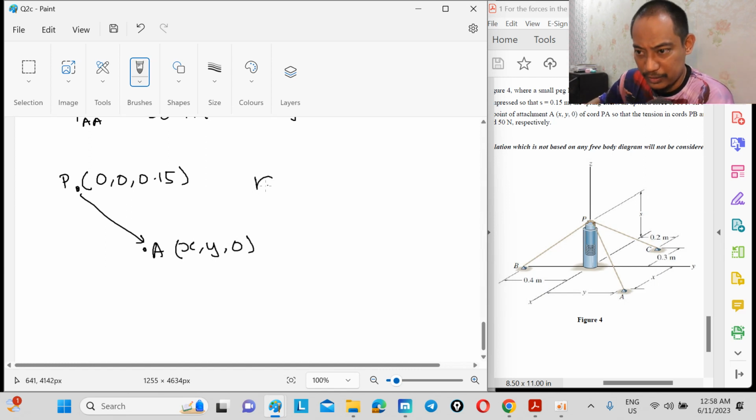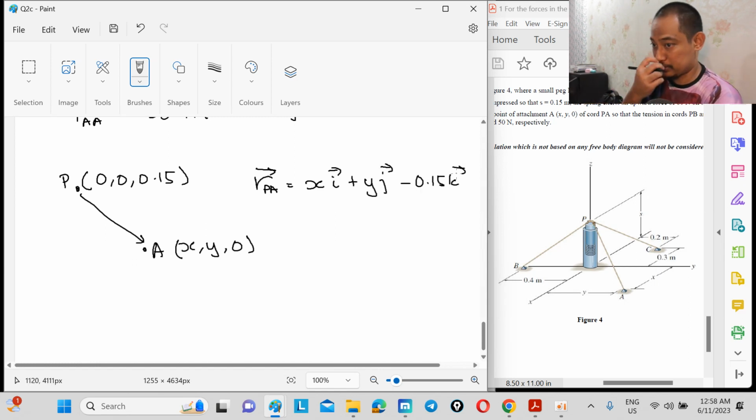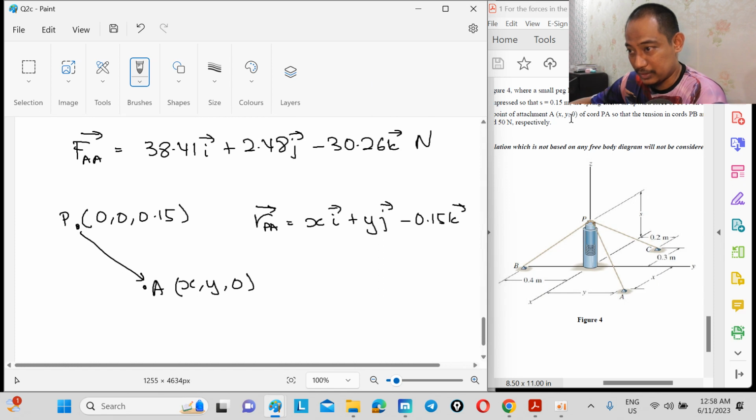So RPA will be x I plus y J minus 0.15 K. However, the interesting thing here is how to get this value, because that's the question. We need to find x and y.